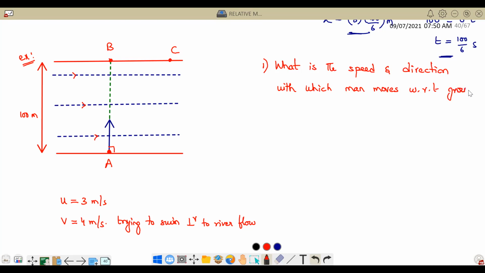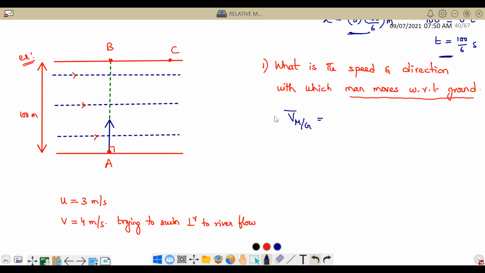That means which quantity are they asking? Tell me. Velocity of what? Velocity of man with respect to ground. Are you able to understand or not? Velocity of man with respect to ground.